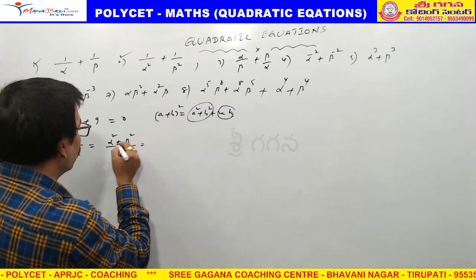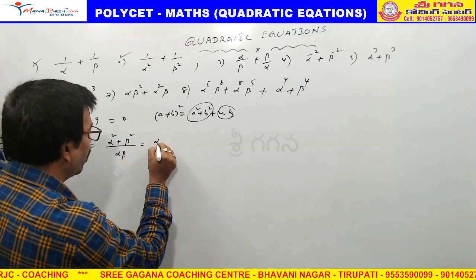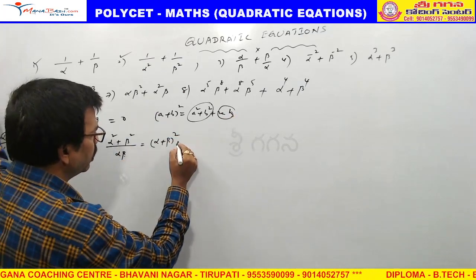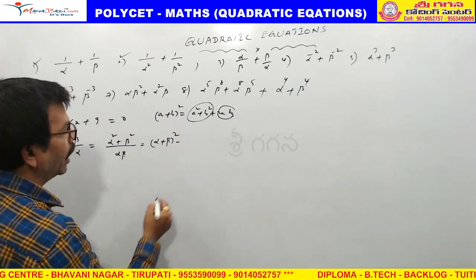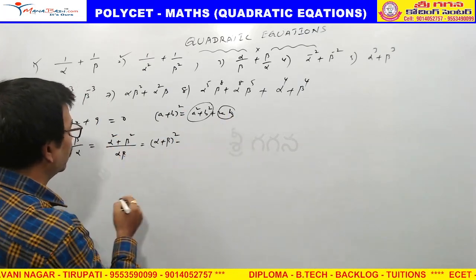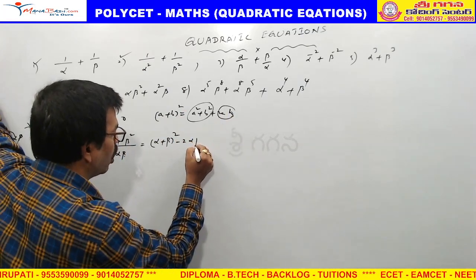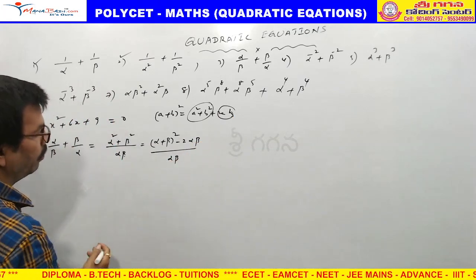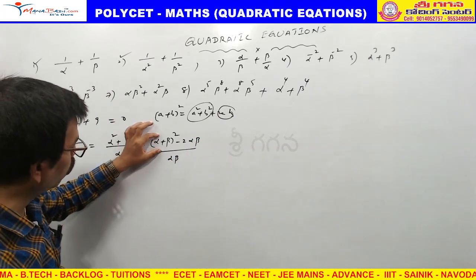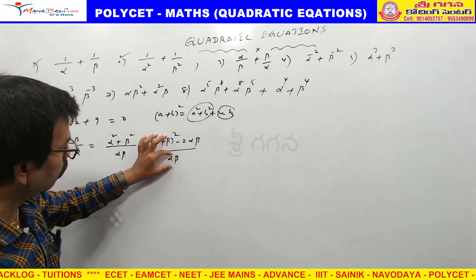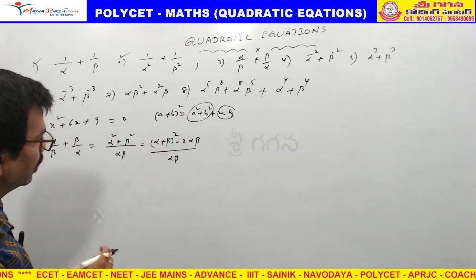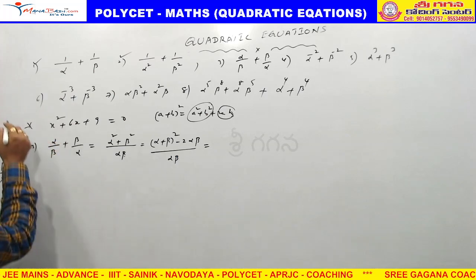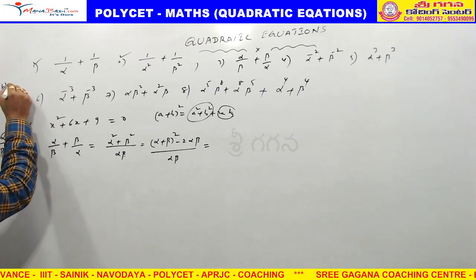A plus b whole square, in terms of alpha beta, you can write alpha plus beta whole square. If you bring this side, negative will come, minus 2ab, in terms of alpha beta, 2 alpha beta, divided by alpha beta. See, this is the sum of the two roots, this is the product of the two roots, like that you have to convert always. So now alpha plus beta, here you already know the formula, minus b by a.